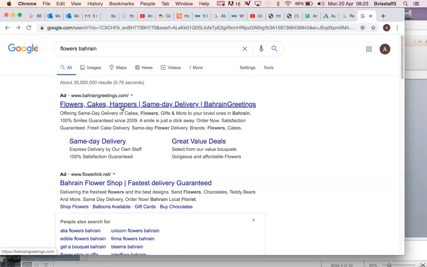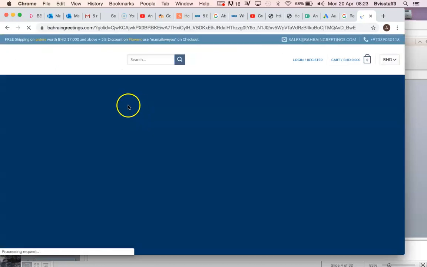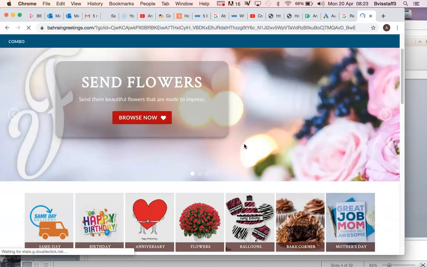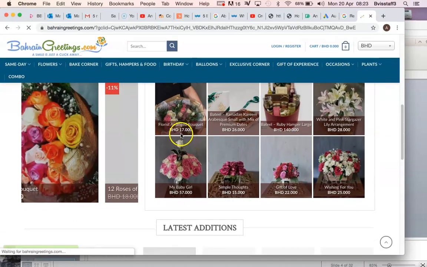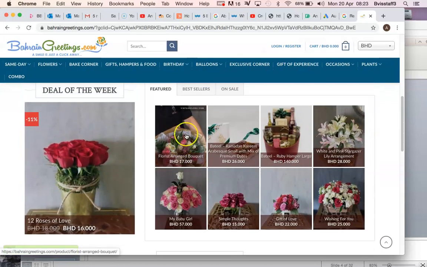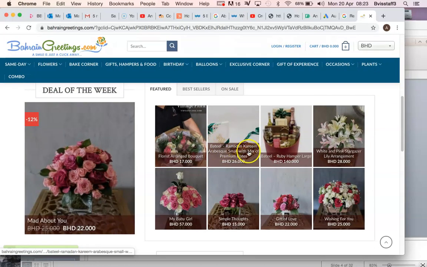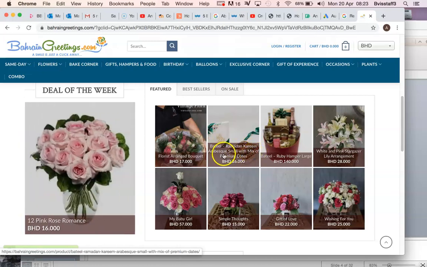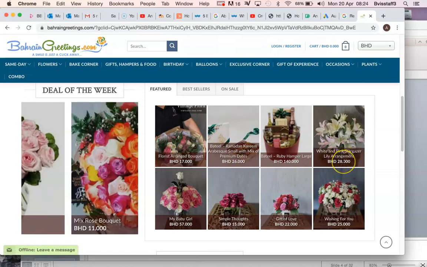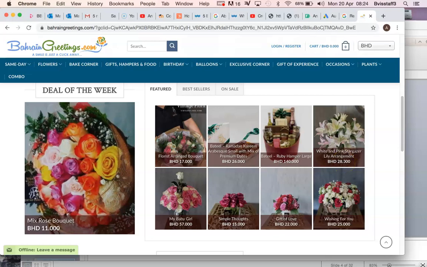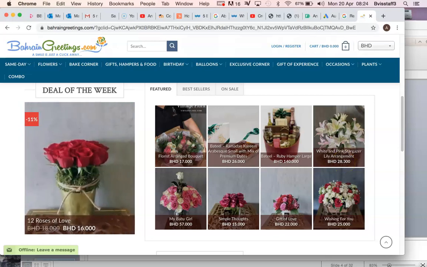Because if 10 people click on this today, and I've clicked on it 4 times, so I probably already cost them 4 BD, and I get the 21 kisses are gone, but we've got Ramadan Kareem, Arabesque, or white and pink. If 2 customers spend 28 BD, well, that's 56 BD.